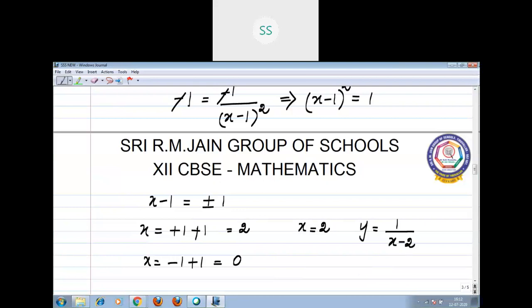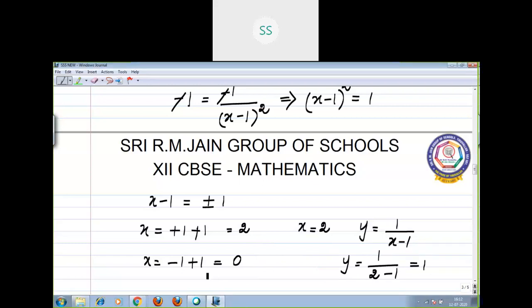I wrote it wrongly, children. Sorry. X minus 1, right? Y is equal to 1 by x minus 1. So y is equal to 1 by 2 minus 1, which is equal to 1.